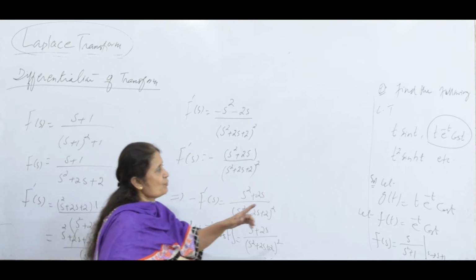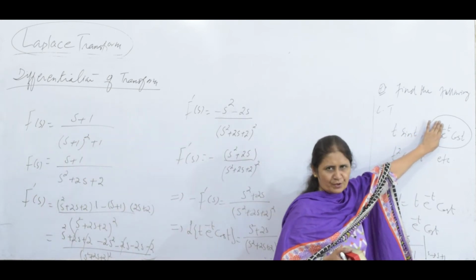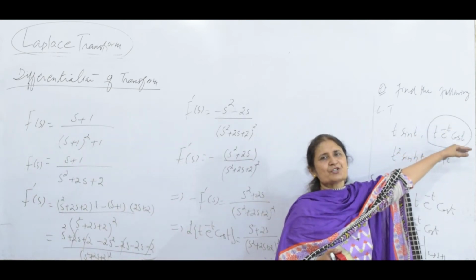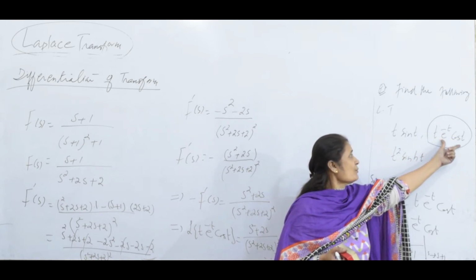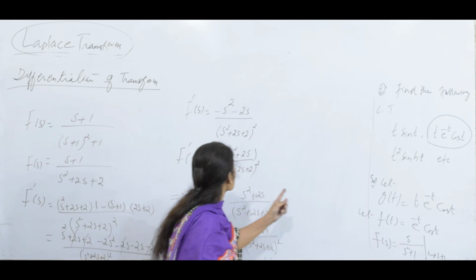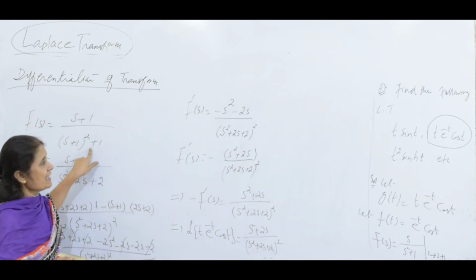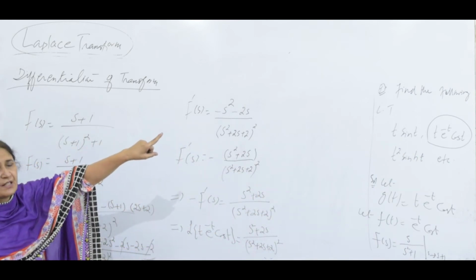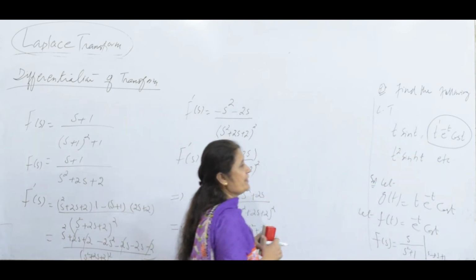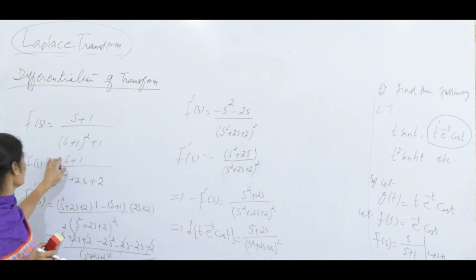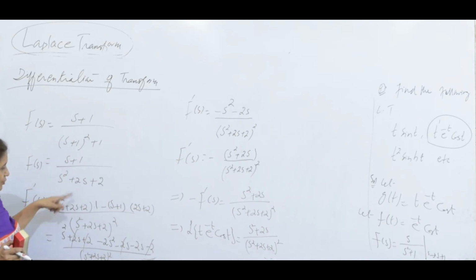So if a polynomial is there, forget about the polynomial for the time being. Rest of the function, you name it any function, and find its Laplace transform. Once you find the Laplace transform, since t is there, t power 1, only a single degree polynomial, differentiate this once, by applying the quotient rule.